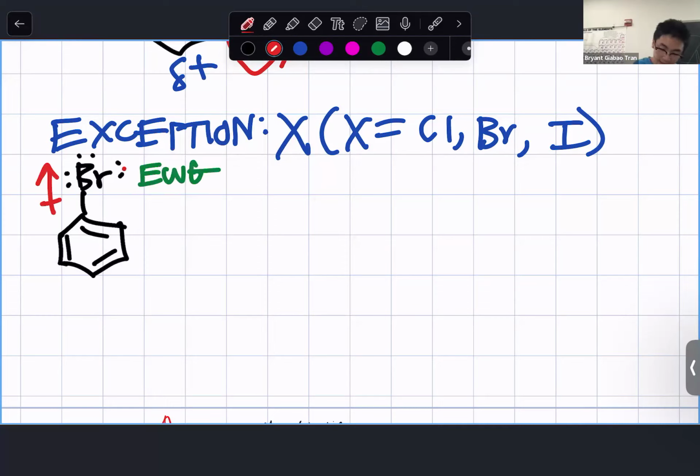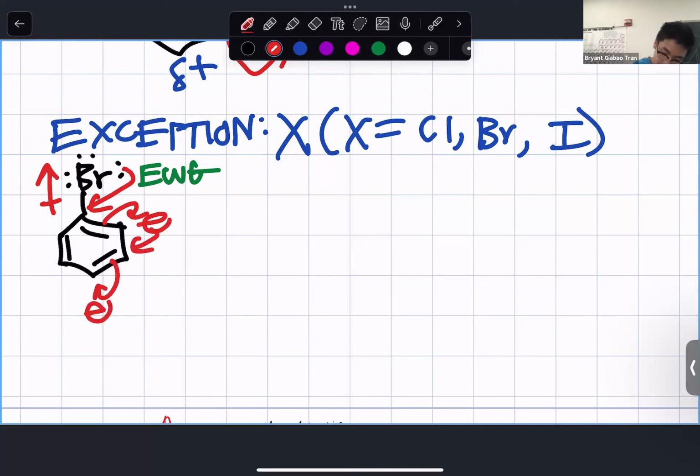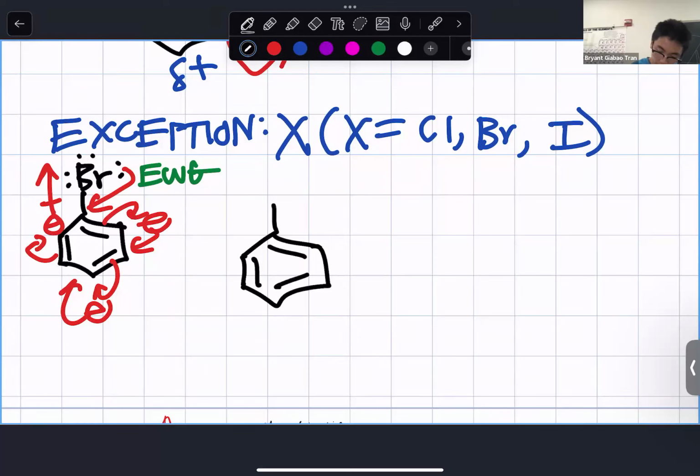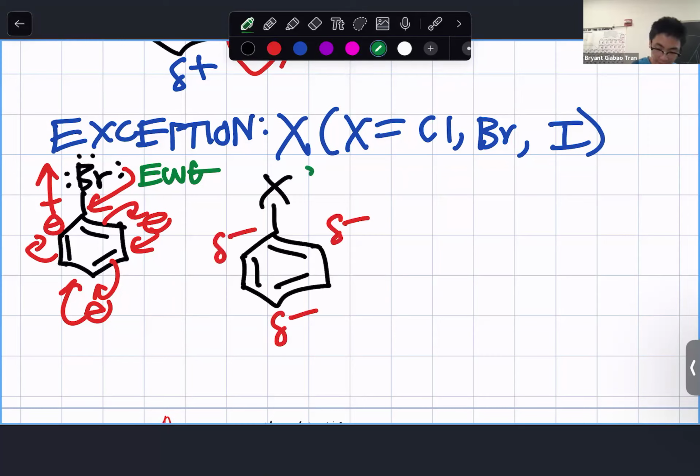But because it has a lone pair of electrons, we can have negative charges in the ortho and para position, right? Which is why, even though halogens are EWGs because of the electronegativity, there are partial negative charges on the ortho and para position.